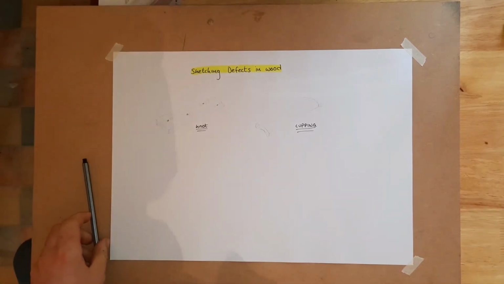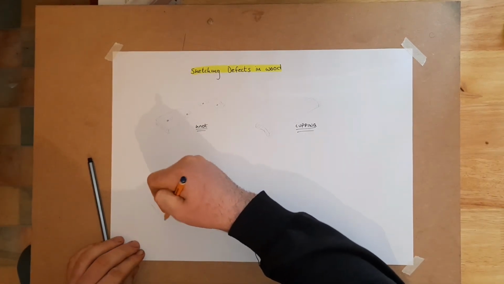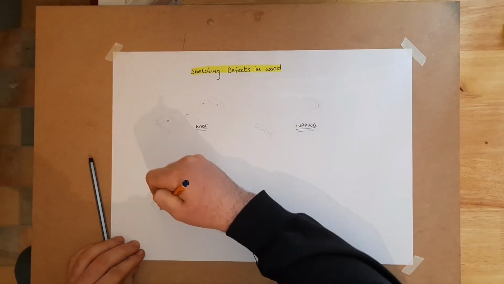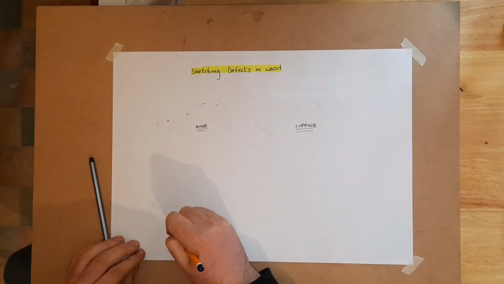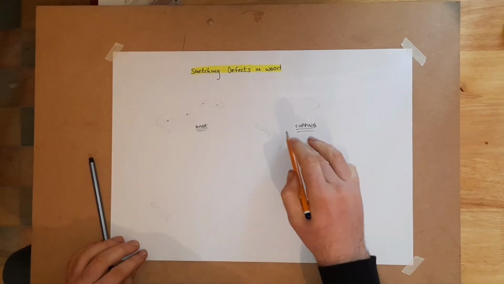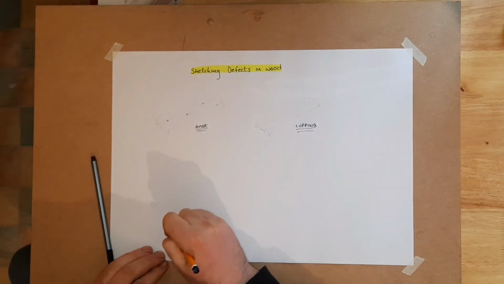Another defect will be twisting, is when our board appears like this. And instead of having, we can see our full edge here.